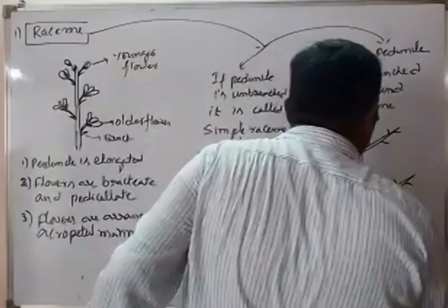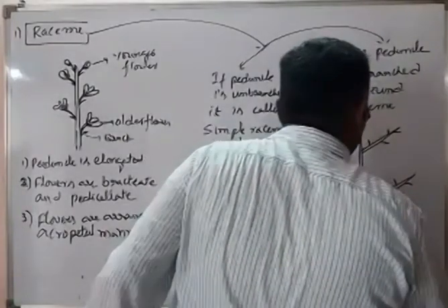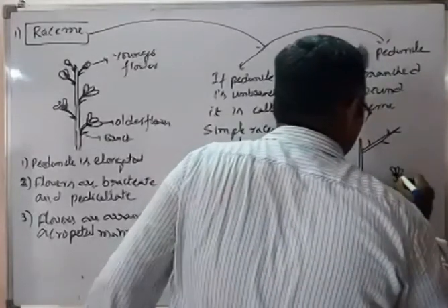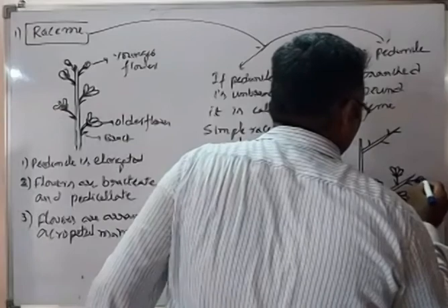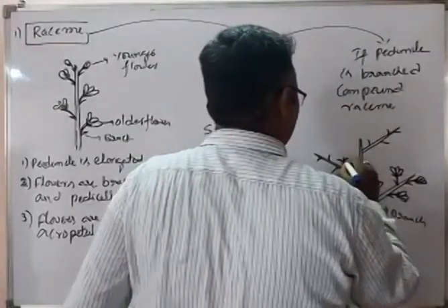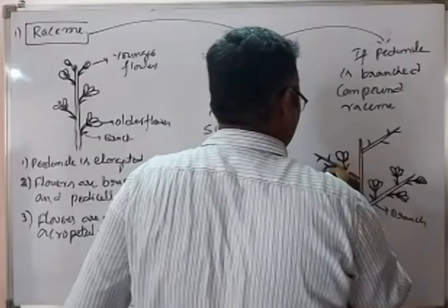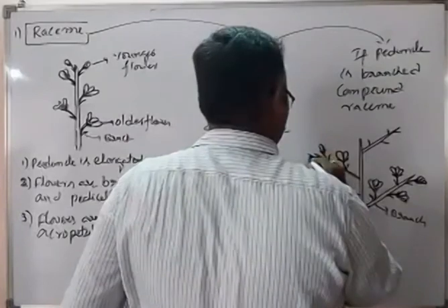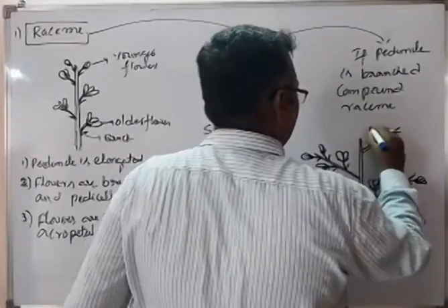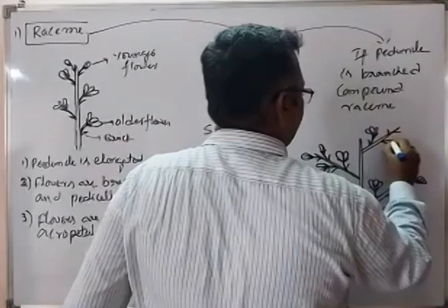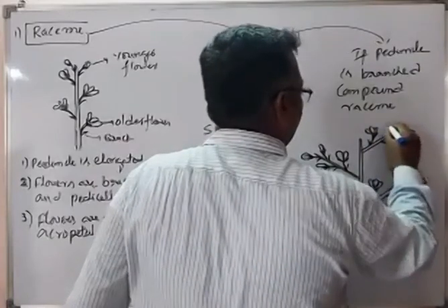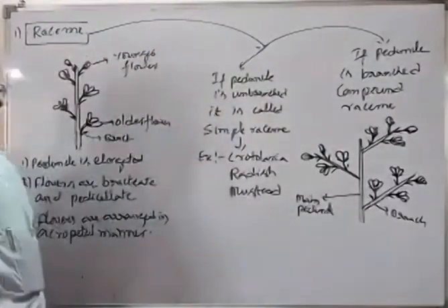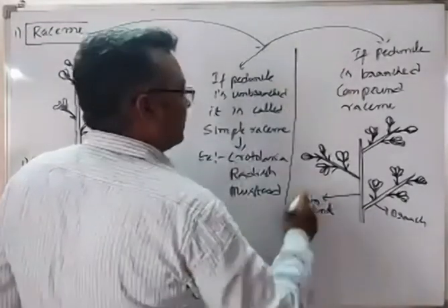Now this is the flower. This is a branched peduncle: compound raceme.